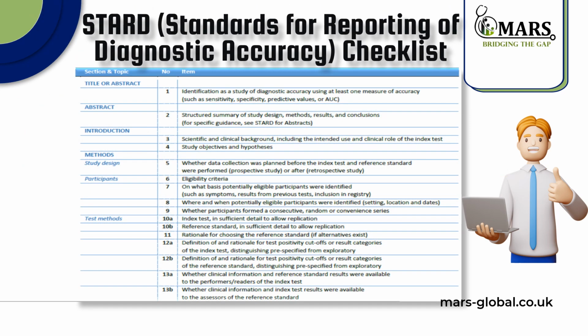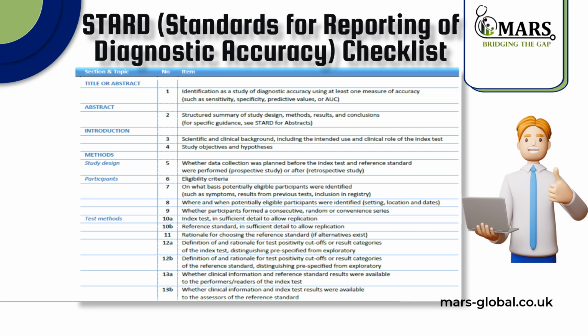Here's the checklist. First, it has sections and topics. We already mentioned that it comprises 30 items, and each section has further items. The title is item 1, the abstract is 2, and the introduction has items 3 and 4: firstly, scientific and clinical background, including the intended use and clinical role of the index test, and secondly, study objectives and hypothesis.